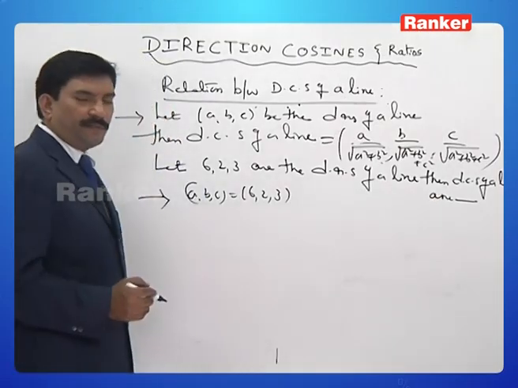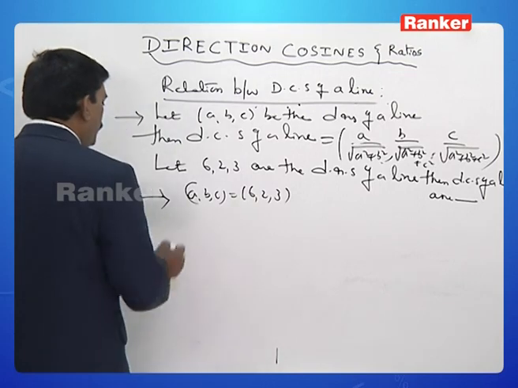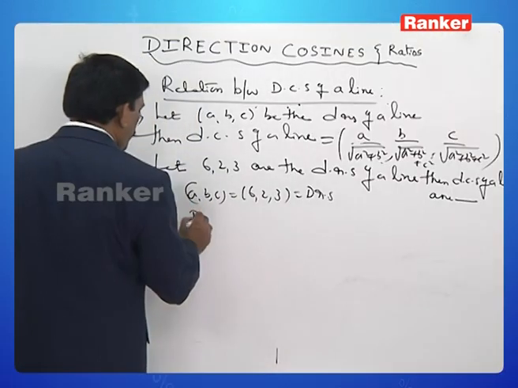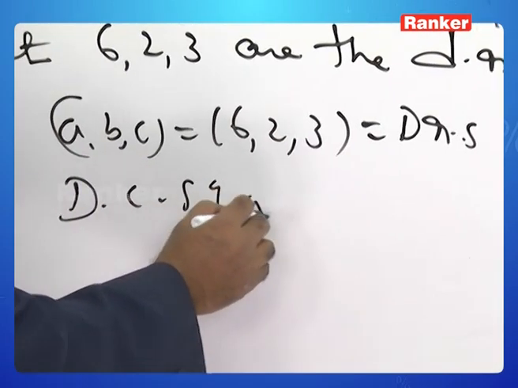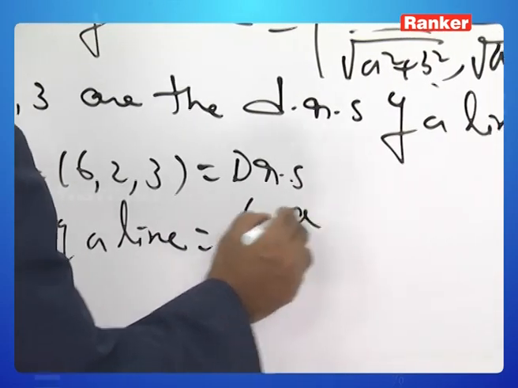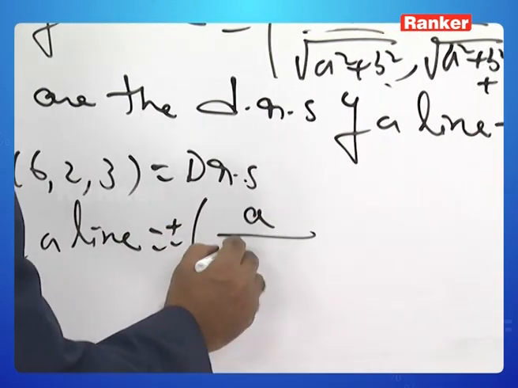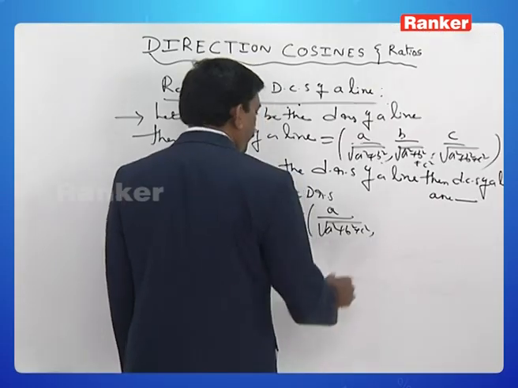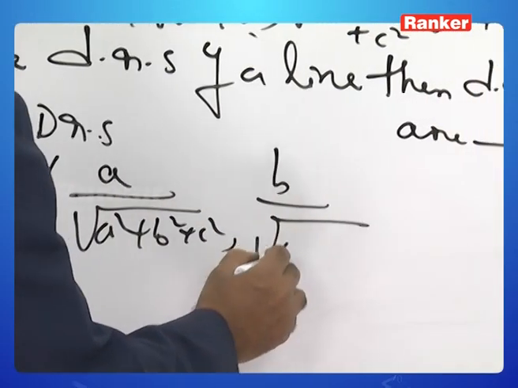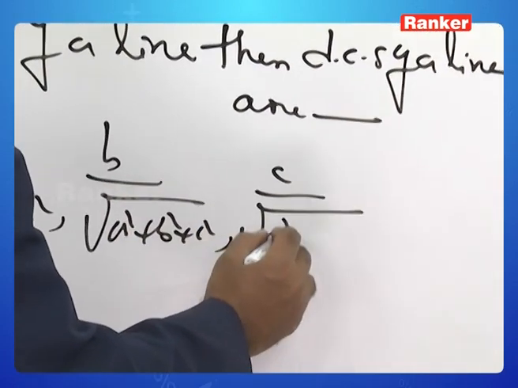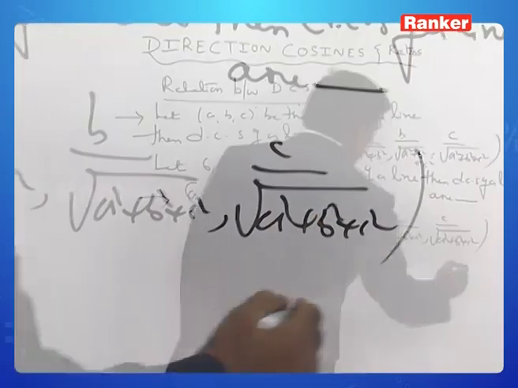They are DRs of a line. Then I can write these are the DRs. Now what are the DCs of a line? The DCs of a line are given by A by plus or minus square root of A square plus B square plus C square, B by square root of A square plus B square plus C square, C by square root of A square plus B square plus C square.